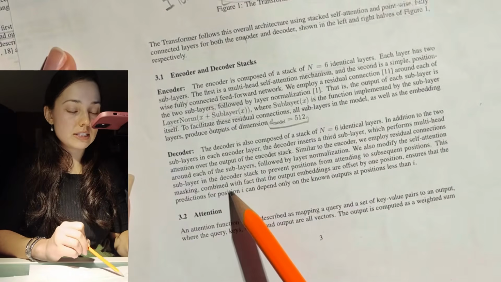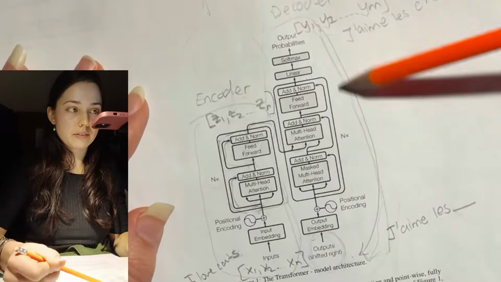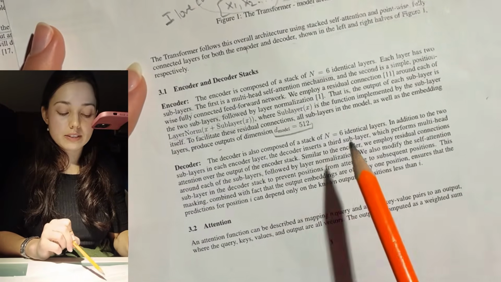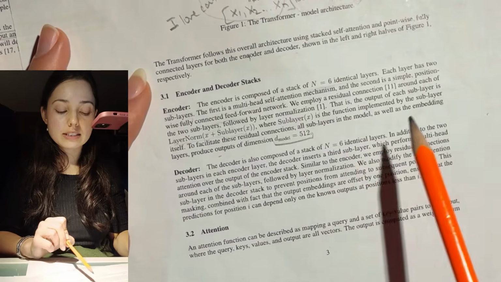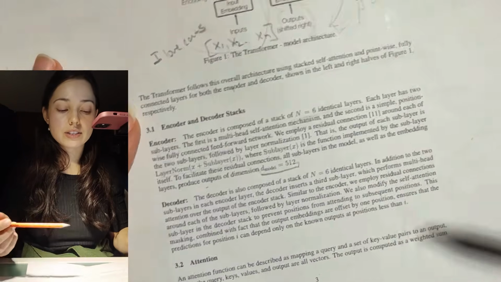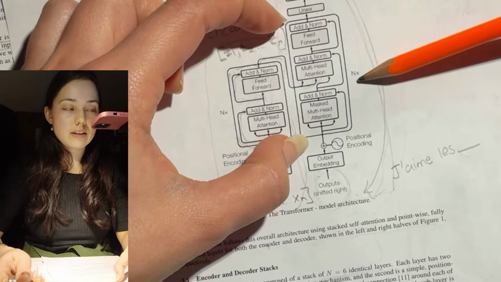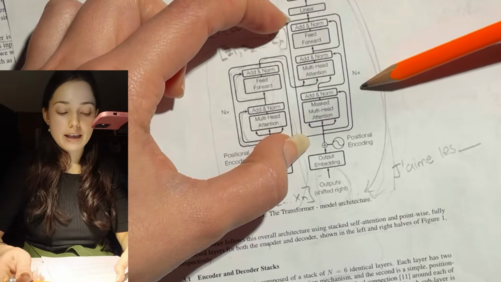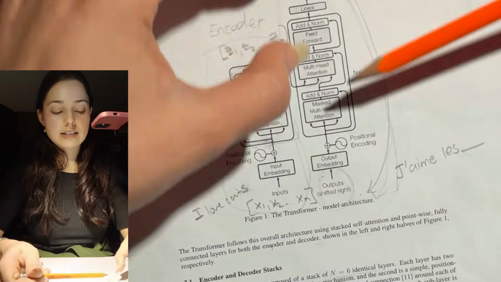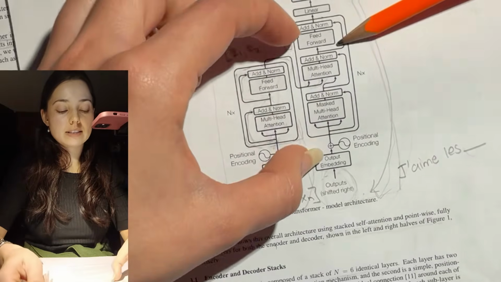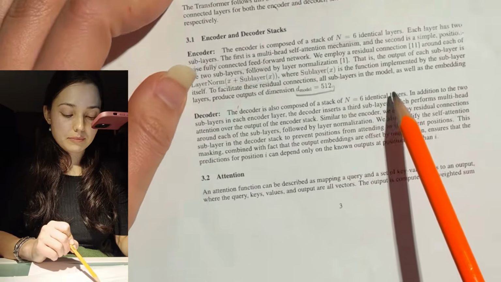Now let's move on to the decoder, which is this part of the network. So the decoder is composed of a stack of N = 6 identical layers. That means this layer shown here by Nx is stacked 6 times. So the output of this goes into a new one exactly like this, 6 times.